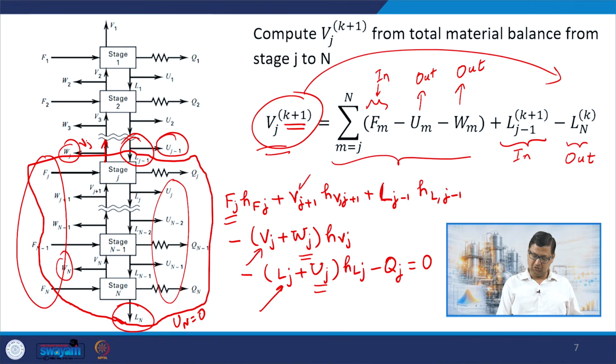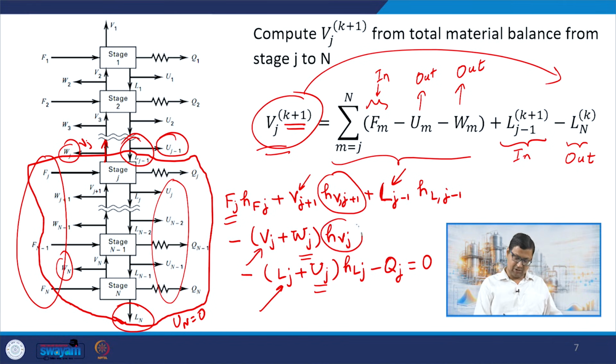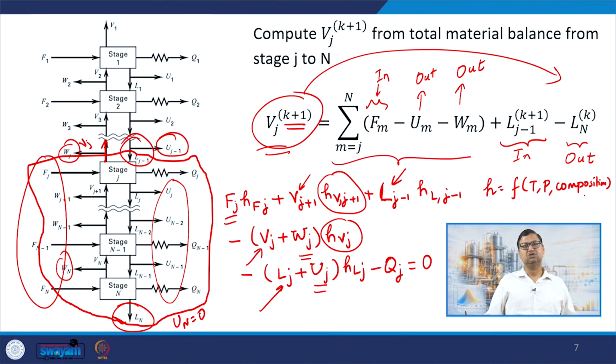I am using a new value of Vj plus 1, I am using a new value of Lj minus 1, and all these enthalpies are going to be a function of the temperature, the pressure, and the composition of the corresponding phase. So, now since we have updated composition, we are going to get a new value of the temperature, the pressure is given, and the composition is also changing in the iteration.